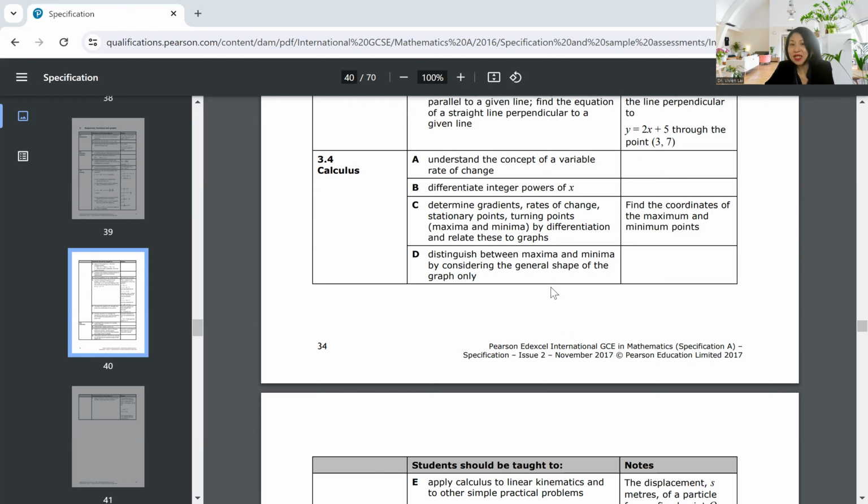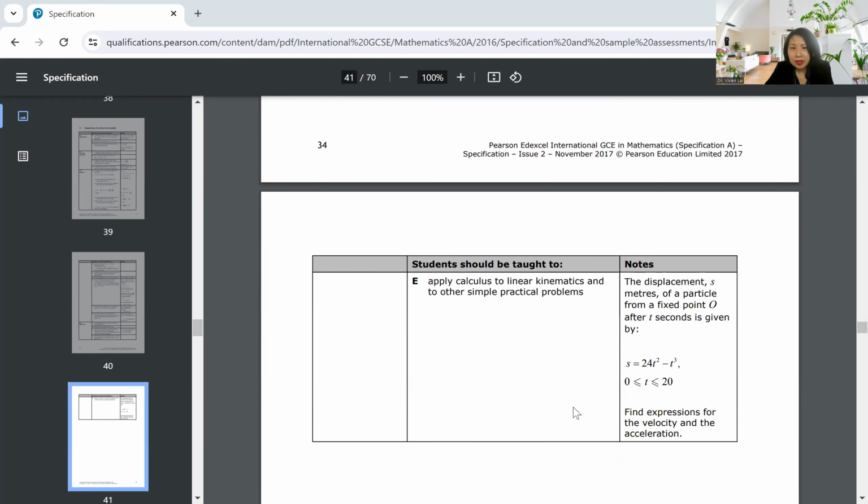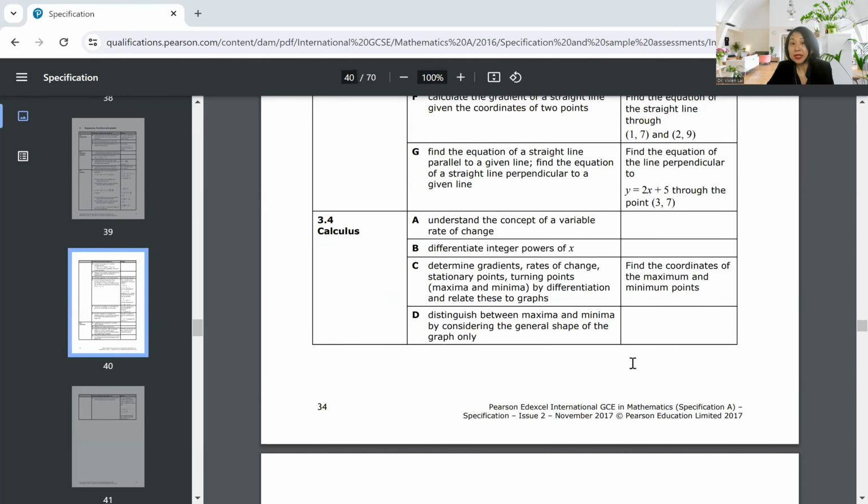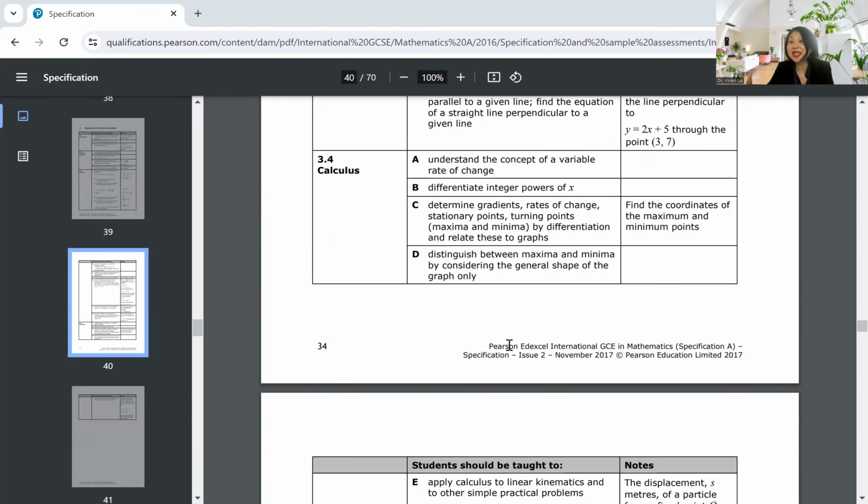Distinguish between maxima and minima by considering the shape of the graph. Apply calculus to linear kinematics and other simple practical problems: speed, acceleration, that kind of thing. I will teach you. Don't worry about it. I will walk you through all the calculus that you need for taking your IGCSE exam. When you finish my lecture for the calculus part, you will have no problem in your IGCSE exam.